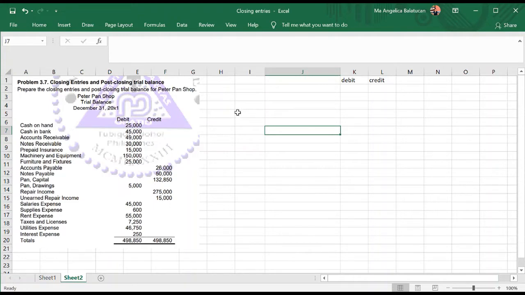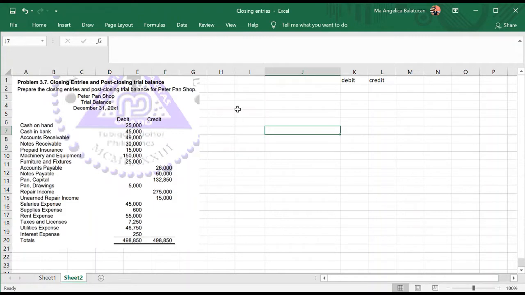The first set of entries would include the income. You're going to close the income to the income summary, and then close the expenses to the income summary, and then close the income summary to the capital account, and then close the drawings to the capital account.